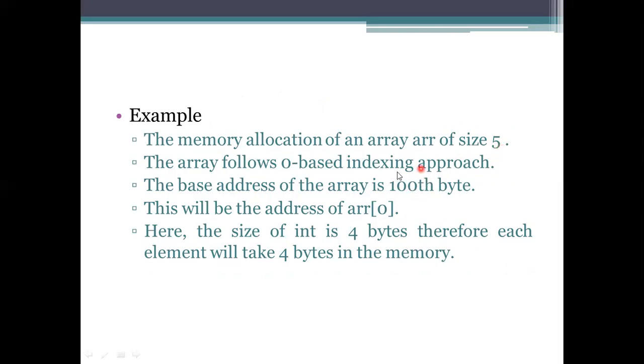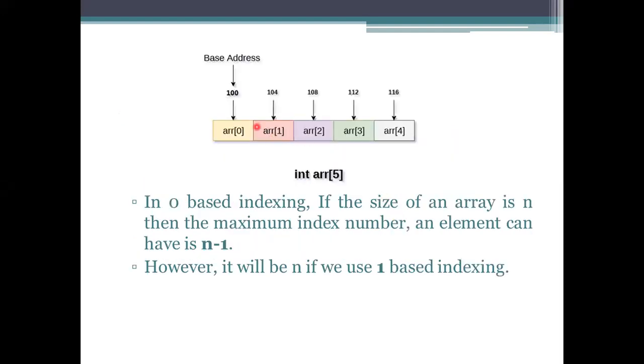We specified it as 0-based, which means we need to start with the 0 subscript, and allocate memory space to each and every element based on the data type of the element. Since we are using integers here, 4 bytes will be taken into account. Then it will insert each and every element after 4 bytes.